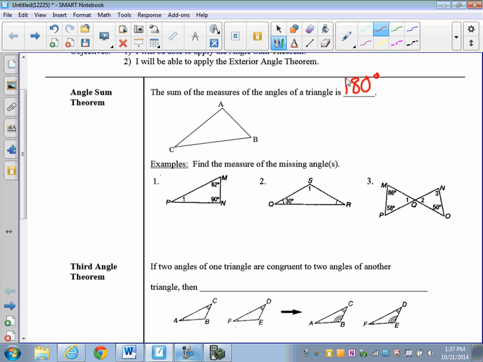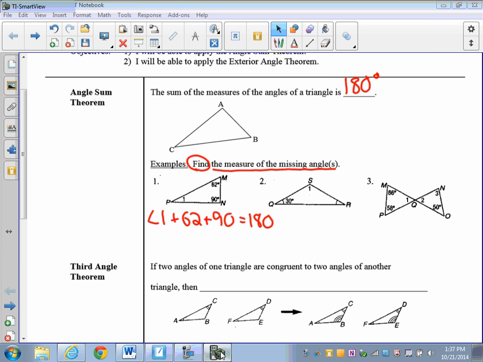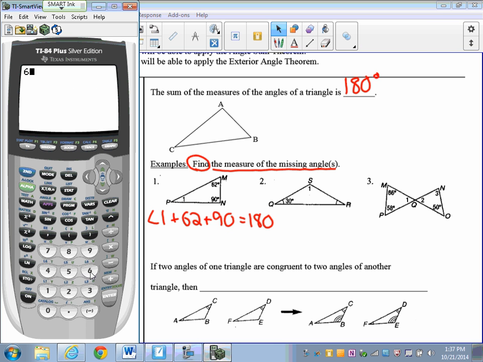So for our examples, we're asked to find the measure of the missing angle or angles. Right here for number 1, I have angle 1 plus 62 plus 90 is equal to 180. Remember, all three angles add up to 180 degrees. Whenever I do this, I just combine like terms, and I can use my calculator to help me out.